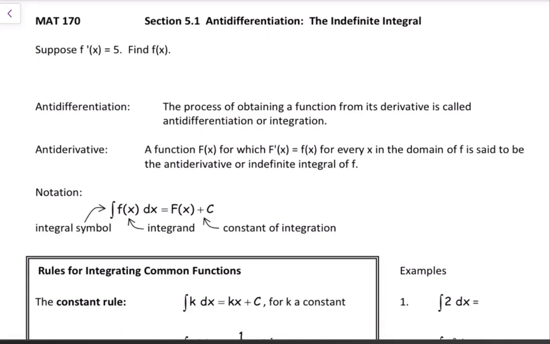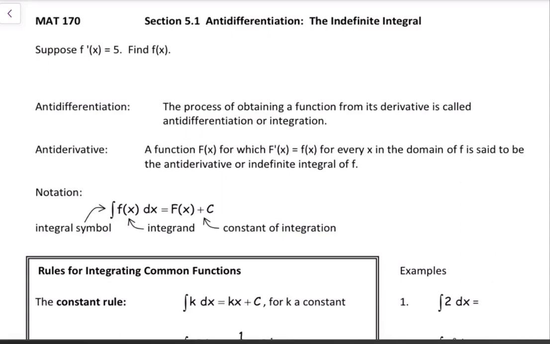In calculus, we learned how to find the derivatives of functions. So now we're going to do that backwards. So we're going to be given the derivative of a function and want to find the original function that has that derivative. And that process is called anti-differentiation, or more commonly, integration.